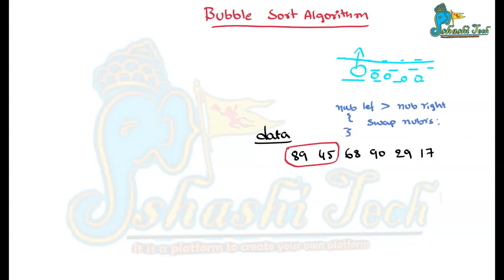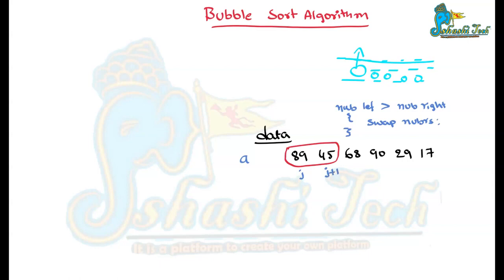Okay. If I consider it in a logical way, consider an array of elements A. Here 89, the index of 89 I can say is the jth index. If I consider 45, it can be the j plus 1 index.